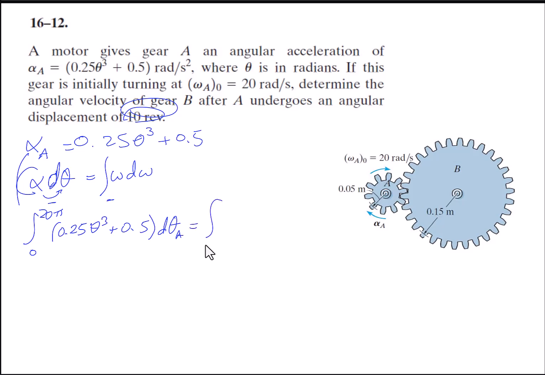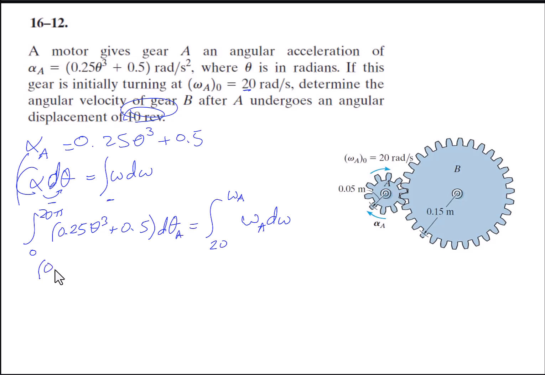And this is integrated from 20, as initially 20, to the final omega of gear A, of this omega A d omega.